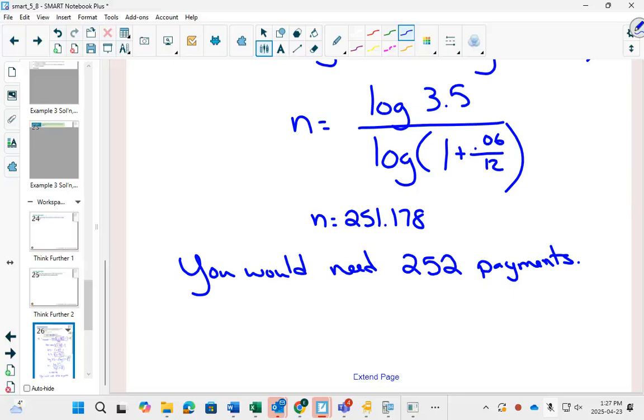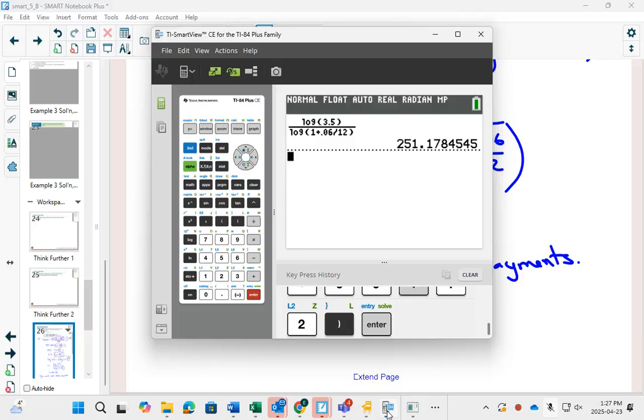But if you think of that though, how much did you actually spend? You only put in $200 every time. 252 times $200. Oh, I definitely could find $50,000.